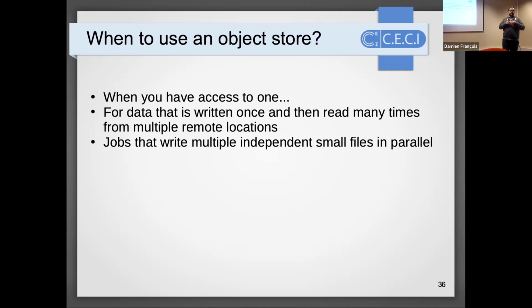When you write to a file system, the file system must make sure that as soon as the file is written, it can be read from any other computer connected to the file system. That takes a large amount of operations, synchronization, and barriers. While with an object store, what it promises is simply that the file will eventually be available from all computers. So the restrictions are much looser, which allows it to work faster.